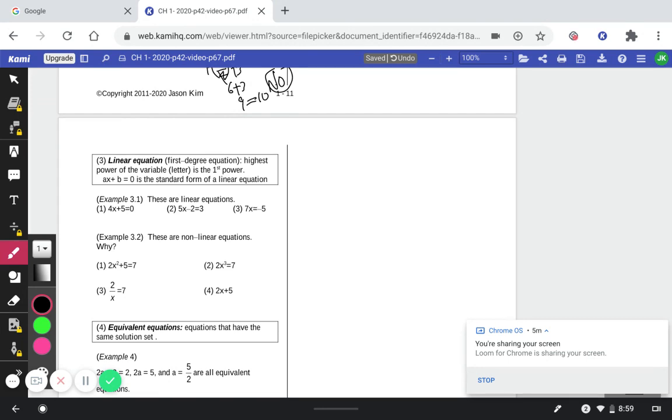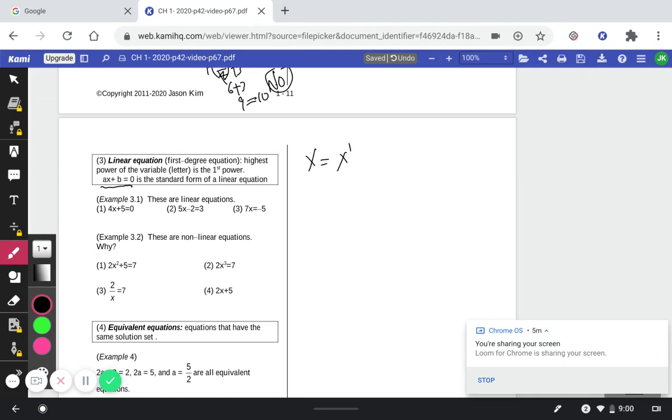Number 3 is linear equation. A linear equation is a first degree equation, meaning the highest power of the variable or letter is the first power. So ax plus b equals 0 is the standard form of a linear equation because you only have x, which means x to the 1 power.